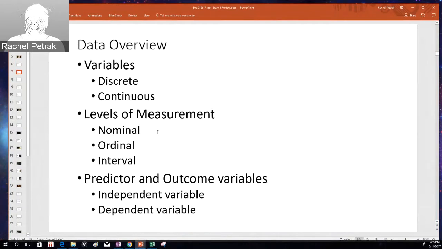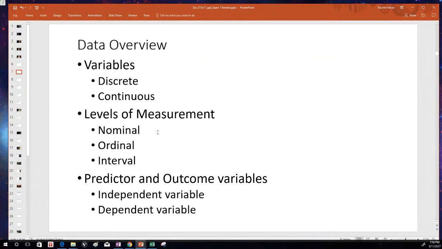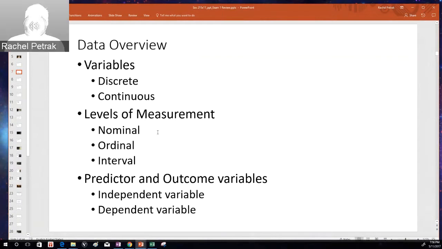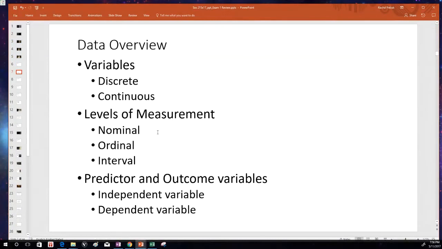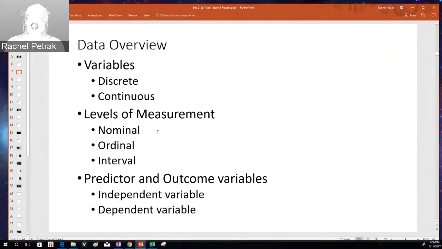So when we have a nominal level of measurement, we've got a variable that's fully discrete and categorical. Again, no hierarchy here. An ordinal variable differs from a nominal variable in that we've now got a clear order among our categories, but the distance from one category to the next might not always be the same.